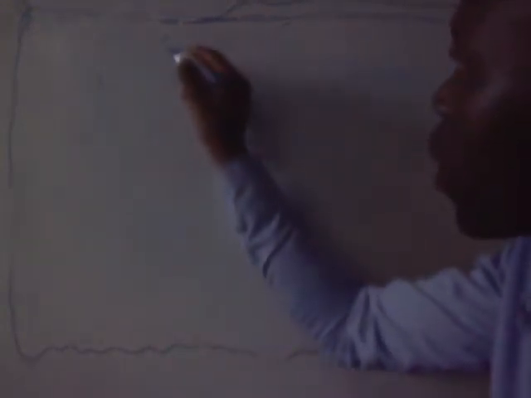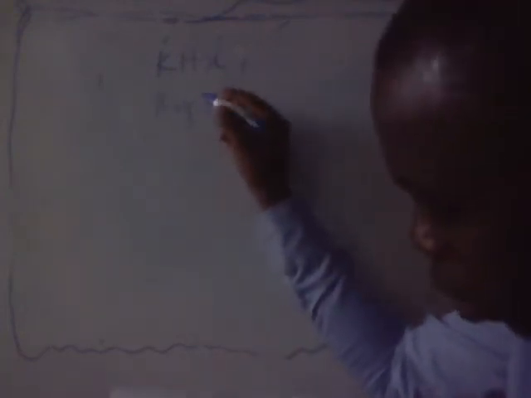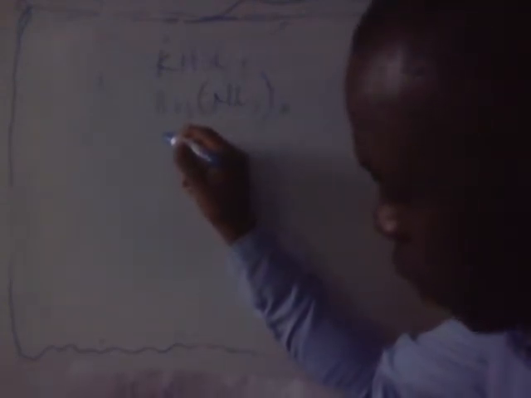We have KHSO4, Mg(NO3)2, NaCl, ZnCl2, and ZnSO4.